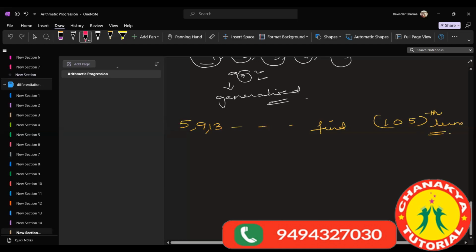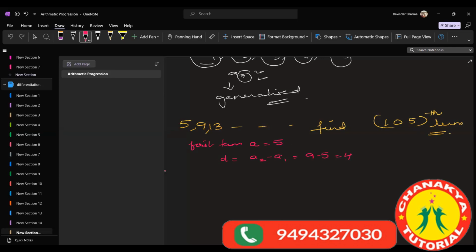So Kashvi, please tell me what is the value of first term? 5. Yes. And it will be represented by symbol a. Good. Pranya, tell me the common difference. 4. Yes, beta. a2 minus a1, so 9 minus 5, it will be 4.